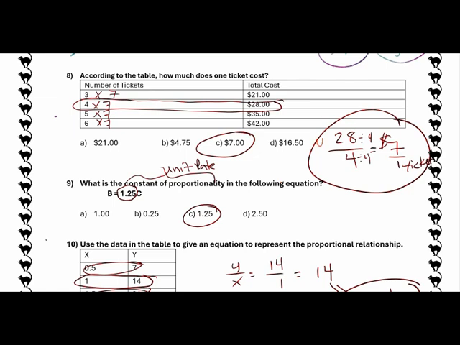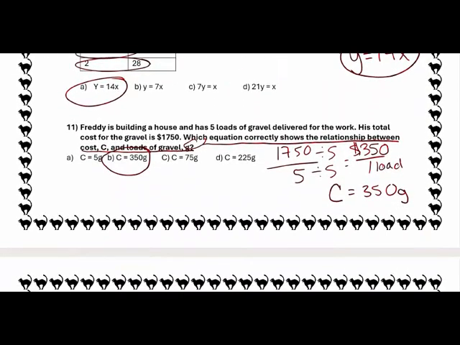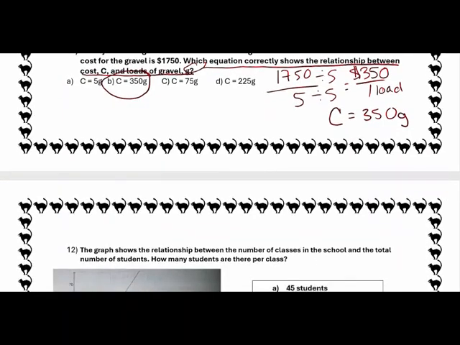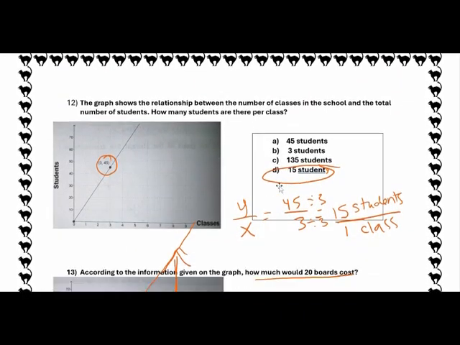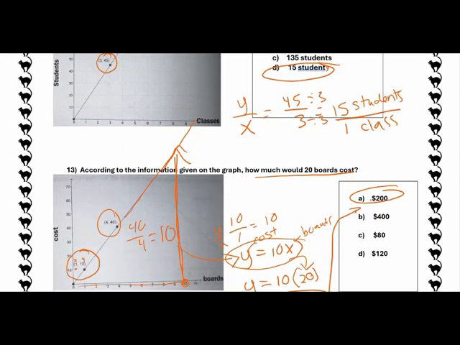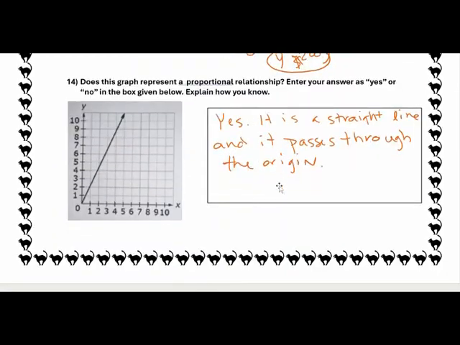Y is usually the cost. So if I have an equation like Y equals 7X, then Y is usually the cost. Tickets could be T, it could be X, it could be anything. So you can make equations once you have that unit rate, the same pattern over and over again. You can make an equation to predict future values.